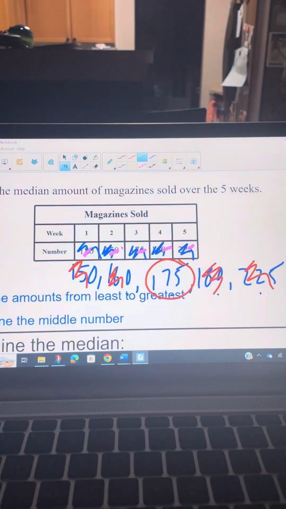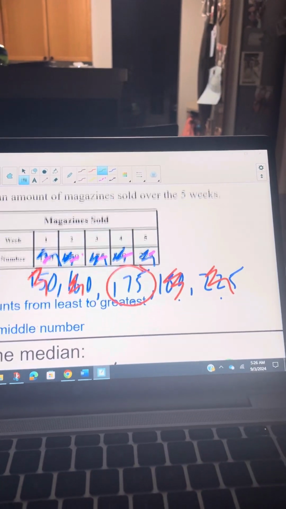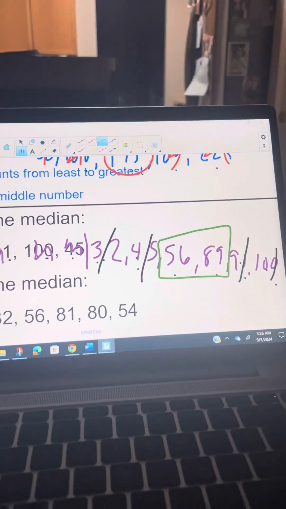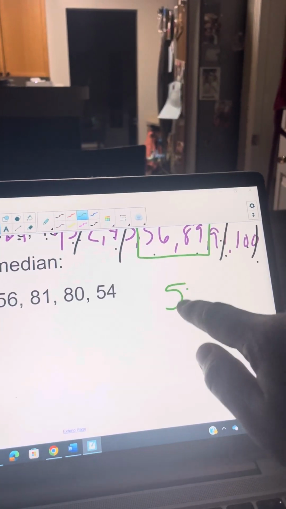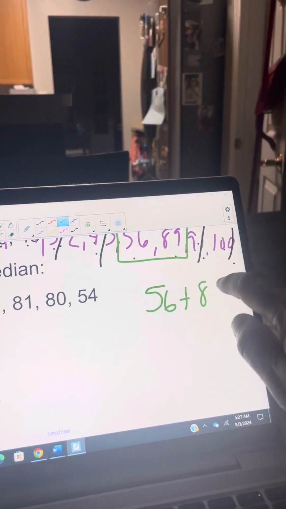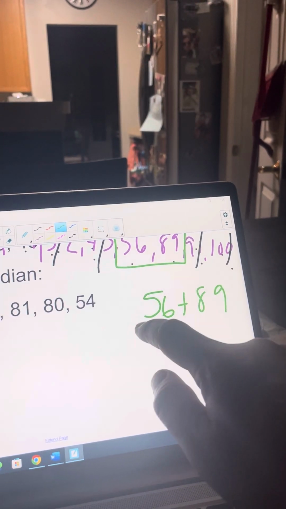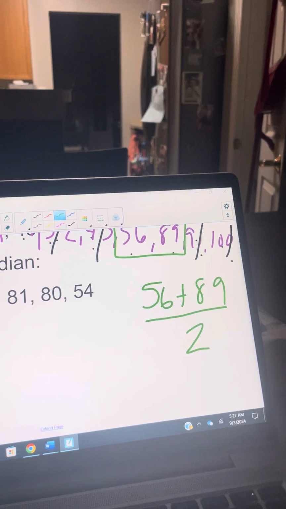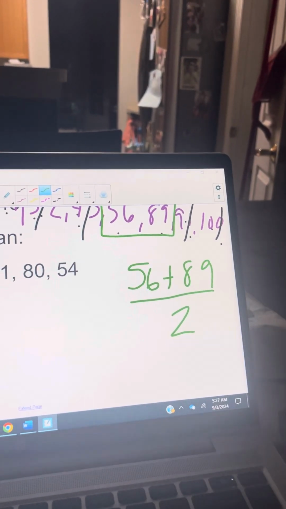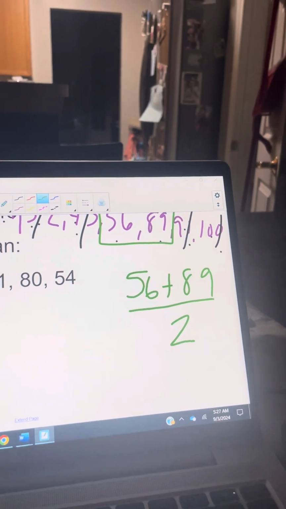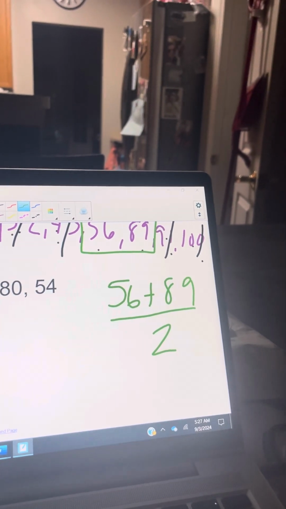Here we have 56 and 89. To find what the actual median is, we would do 56 plus 89. We would put that in our calculator, and then we would take that number and divide it by 2. Anytime you have 2 numbers in the middle, you add those 2 numbers and divide by 2.